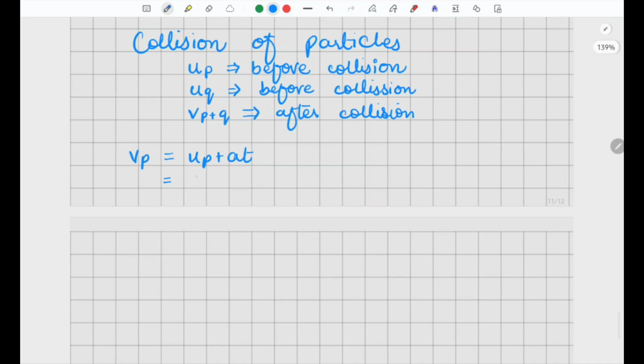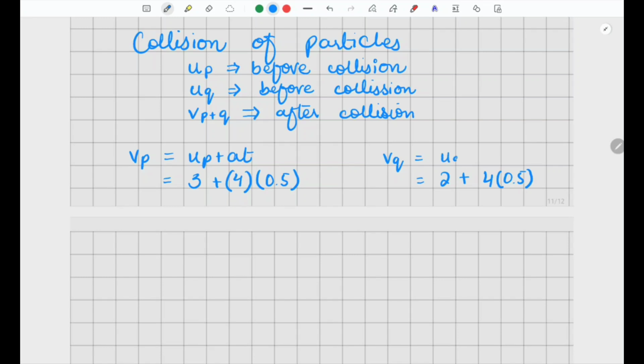So 3 plus 4. We are taking acceleration to be 4 everywhere because now the surface is rough after point P. And the velocity of Q will be, initially it was 2, plus 4 times time, which is 0.5 seconds, which it took before collision.